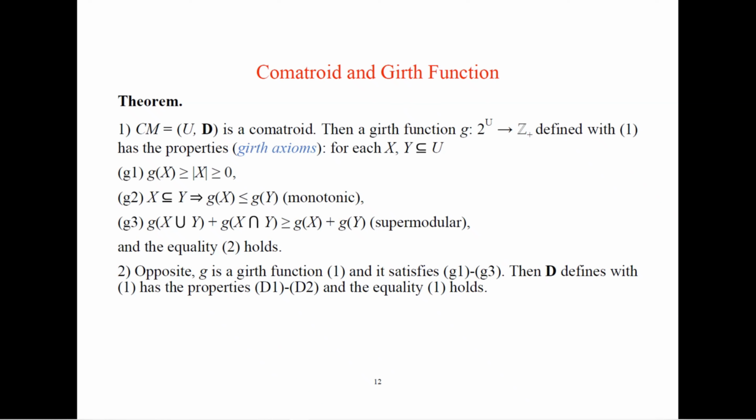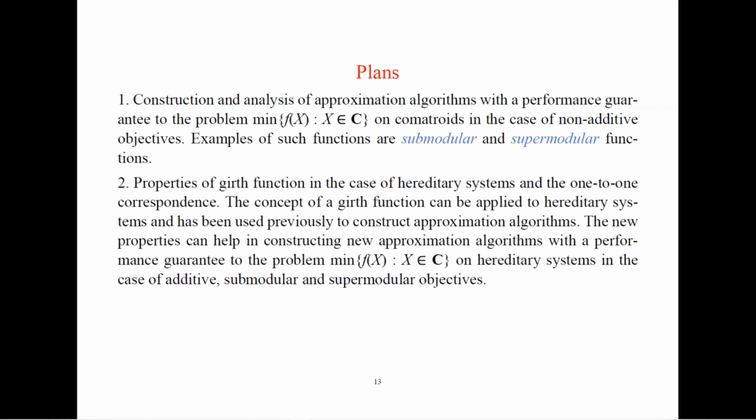And the opposite, if we have some function which satisfies these 3 properties, then the set D defined with equality 1 has properties D1 and D2, and our system is a comatroid. Why do I speak about it? Because you can notice that if we have a comatroid, everything is okay.